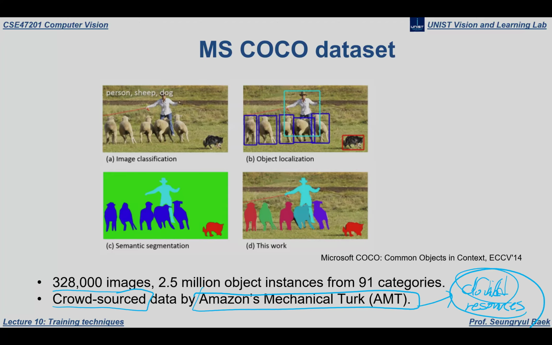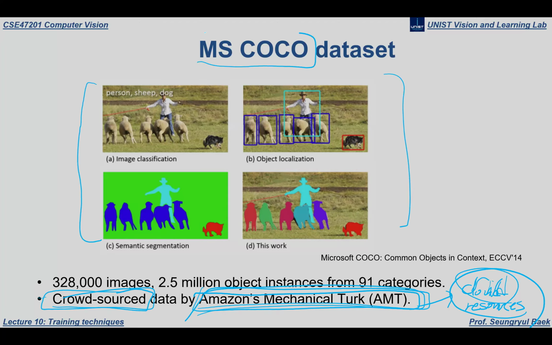Okay. If you use this Amazon Mechanical Turk, and pay some money, then some people are hired to do some jobs, and we can use that human resource to annotate this kind of data.